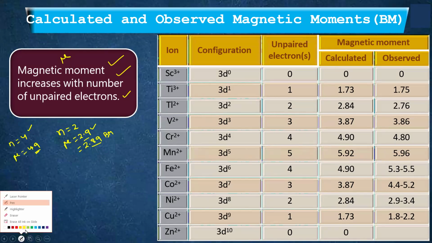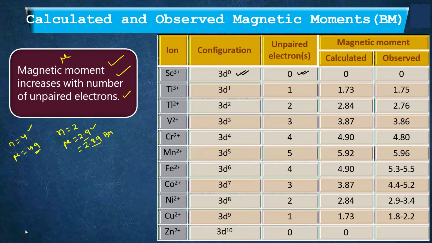In this table, you can clearly see if you have d0 configuration, the number of unpaired electrons is 0, so magnetic moment is 0. This is the theoretically calculated magnetic moment, and this is the experimental value. See how much coincidence there is, that all values are approximately near.